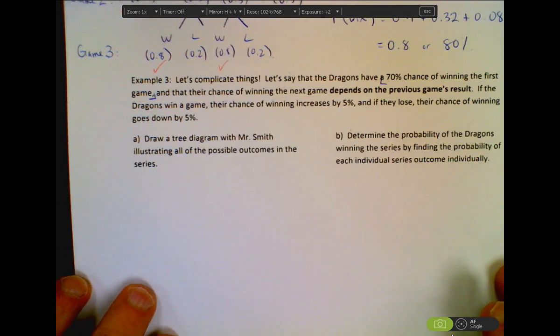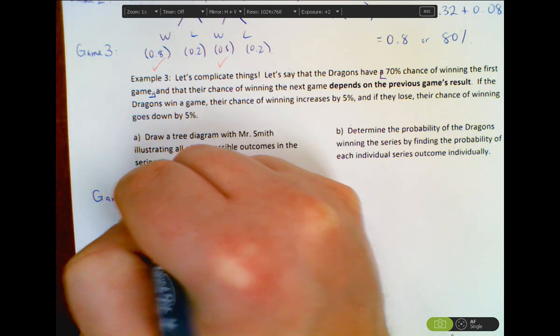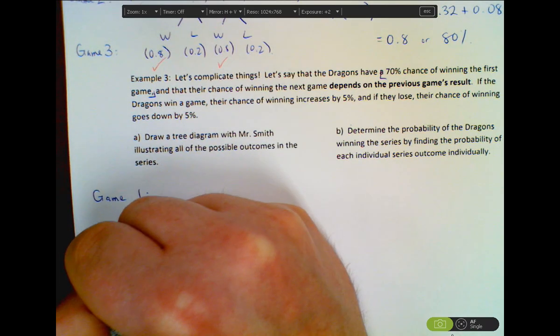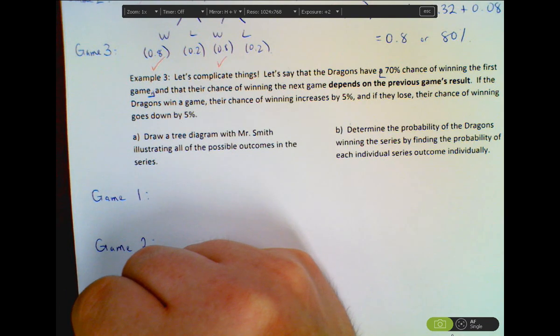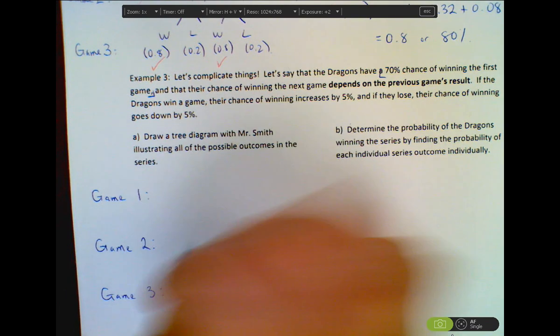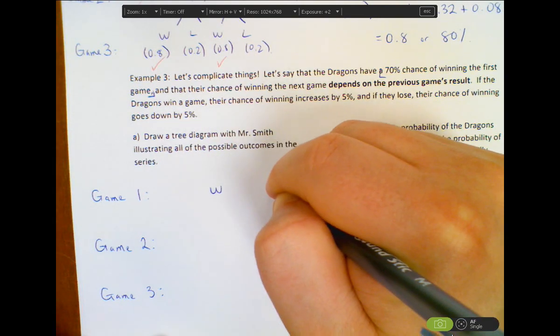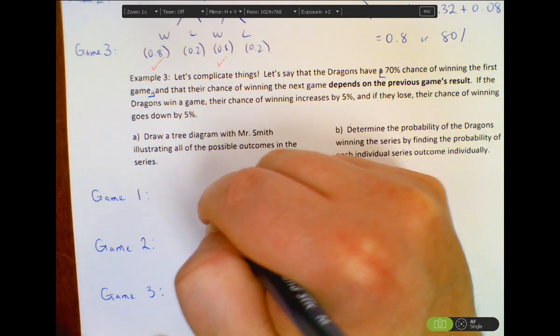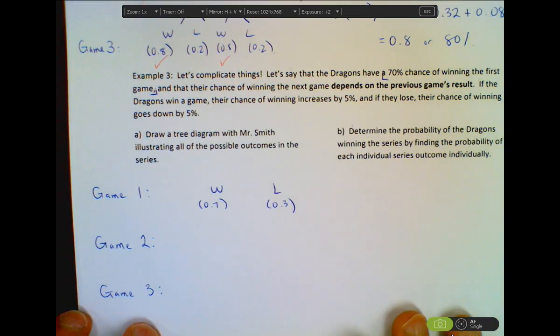So our tree diagram, it's another best of 3, so structurally it'll look the same. Game 1, Game 2, Game 3. Same combinations of wins and losses. So for Game 1, to start off, it's 70-30 again in this particular example.